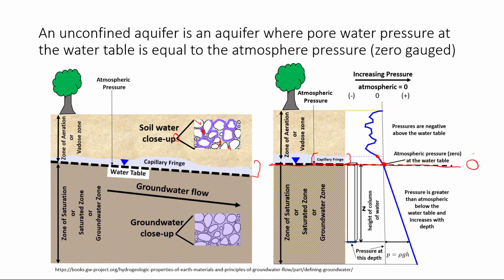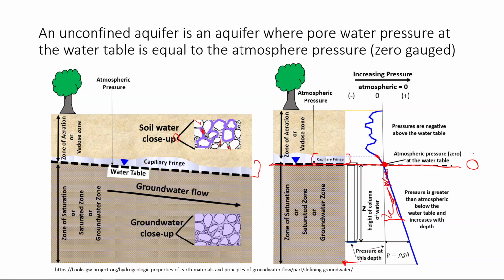Below the water table, the pressure will increase, because, like you learned in fluid mechanics, the pressure here would be the height of the water column above it. Here the height of the water column is zero, that's why you have zero pressure. Here is the height of the water column, so you have that pressure.